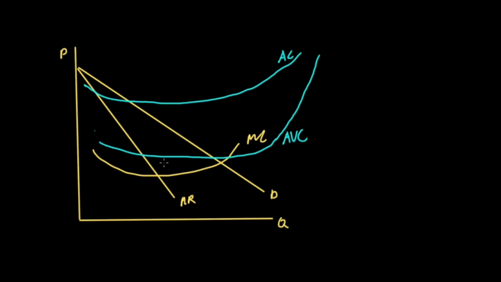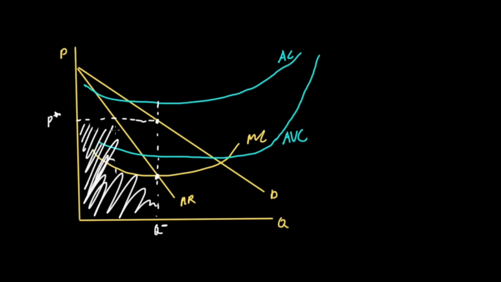And so, again, the firm decides to produce at this quantity here. Let me just draw a dotted line up to this top portion here. And so the firm would choose to produce at this point. So that would be Q star and P star here. Let me shade this area here. Shading this area. So this is the revenue of the firm.